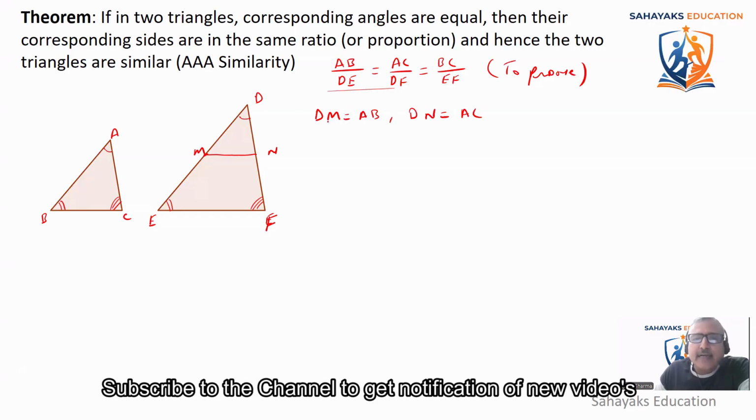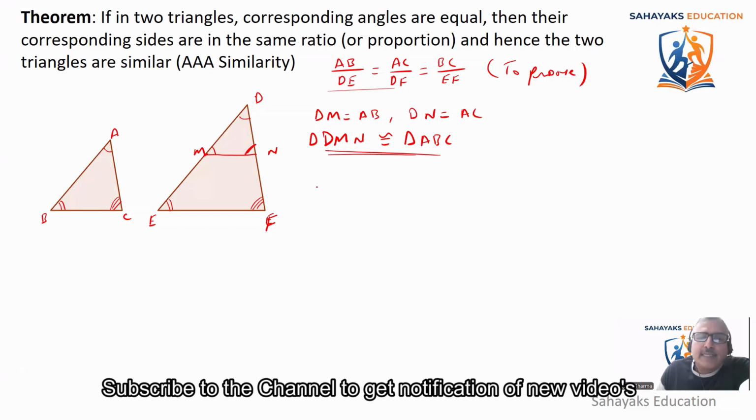So we are creating a triangle here, DMN. So triangle DMN is congruent to triangle ABC. We have constructed a triangle which is congruent to ABC on top of DMN. Now we know that if I consider this angle as angle M, and this angle as angle N.